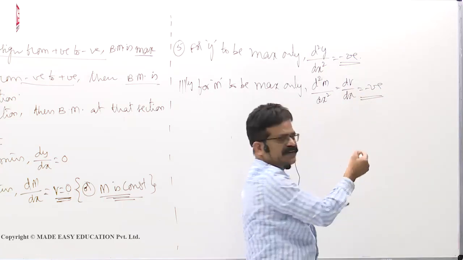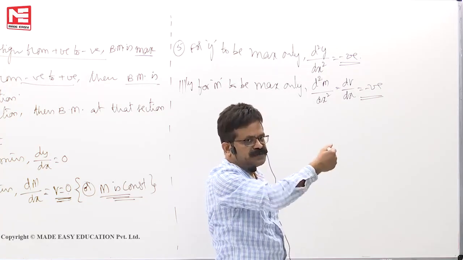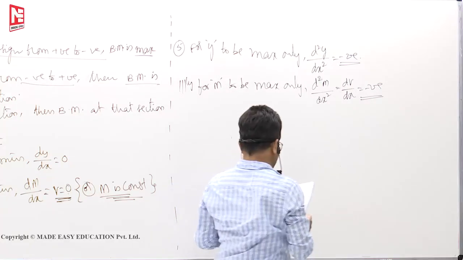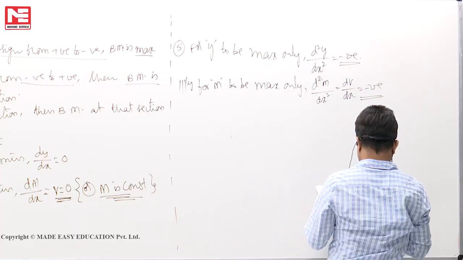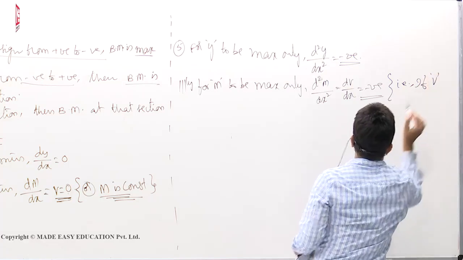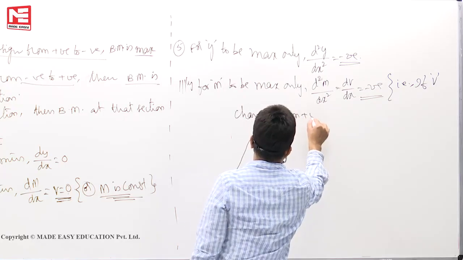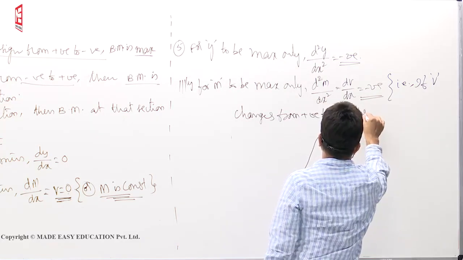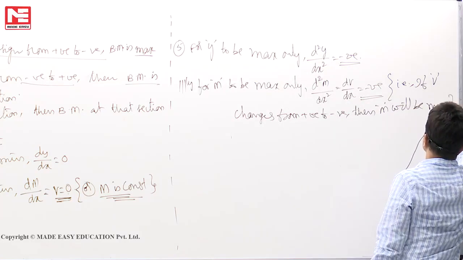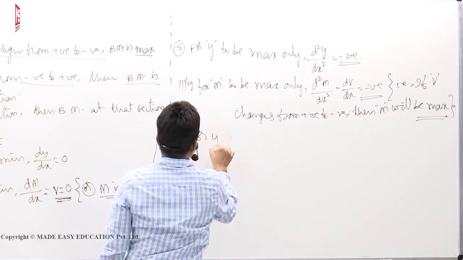That means if dV by dx is negative, that is, if V changes from positive to negative, then you will get maximum bending moment only. M will be maximum, like that.